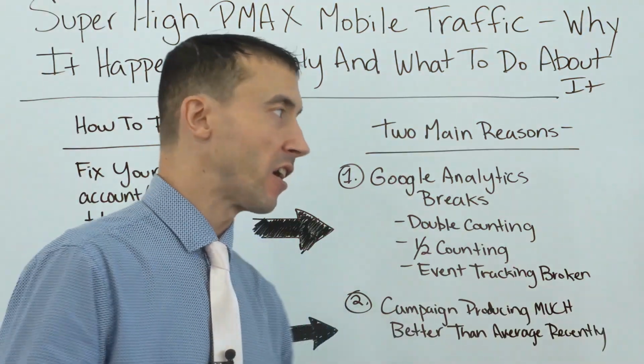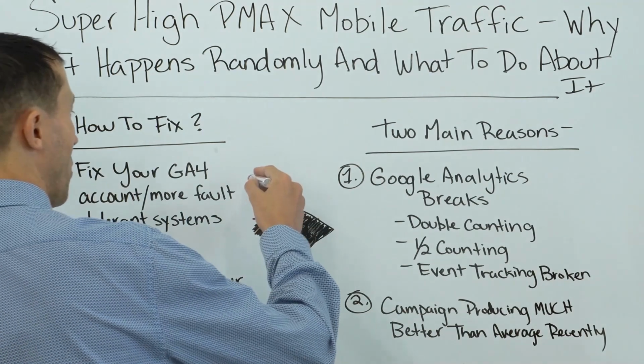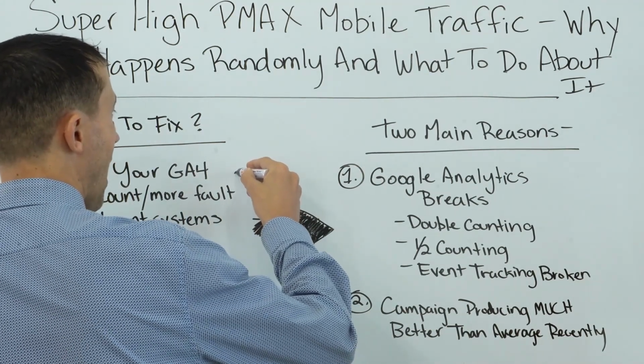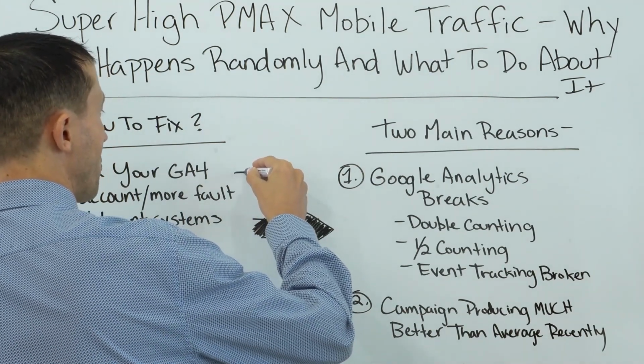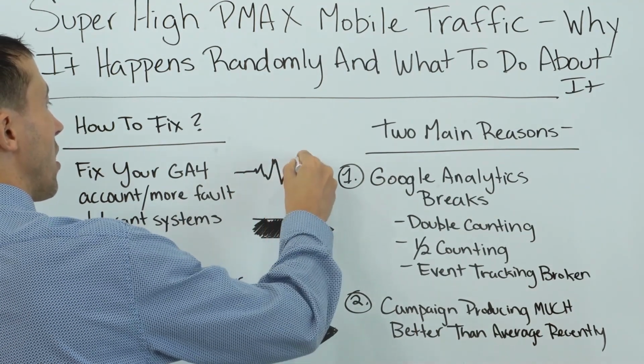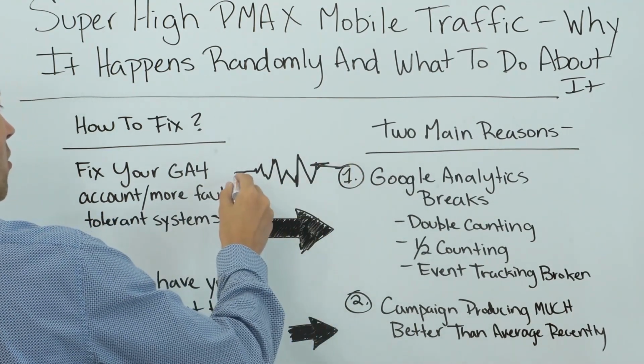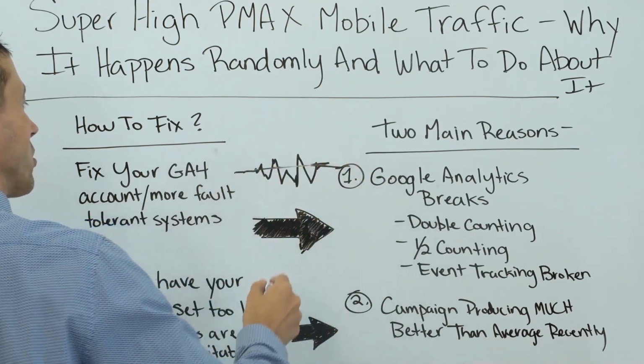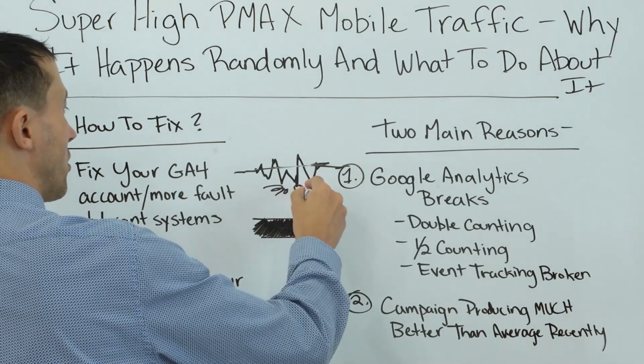So just to clear the air on this, what I'm talking about is, on your typical PMAX campaign in terms of clicks and spend, things will bounce around a little bit, but it usually averages out pretty much stable over the course of a month, if this is a 30-day time period.